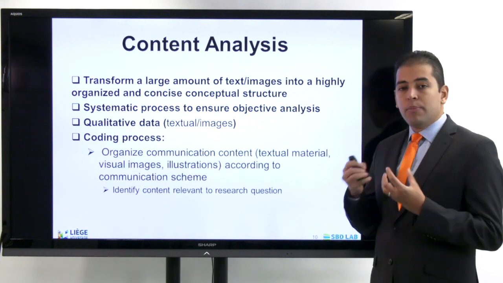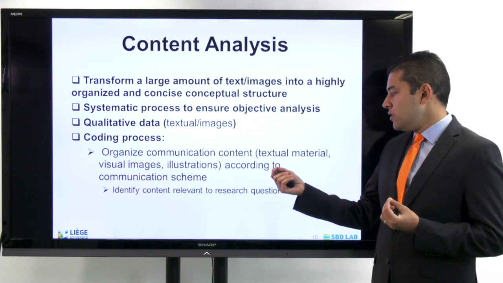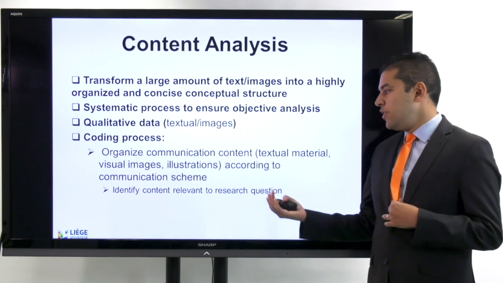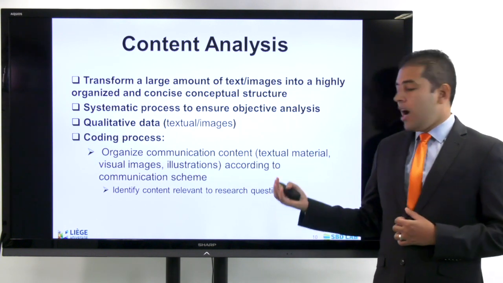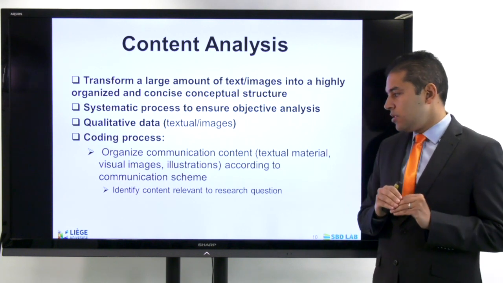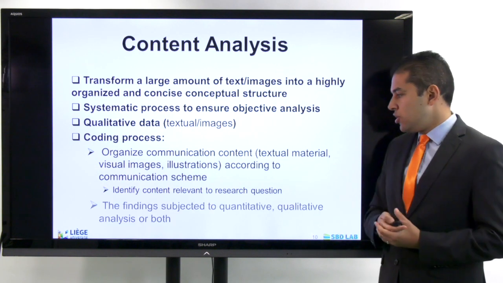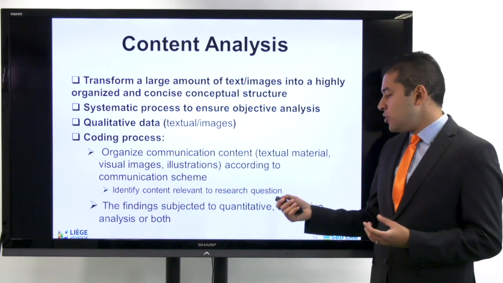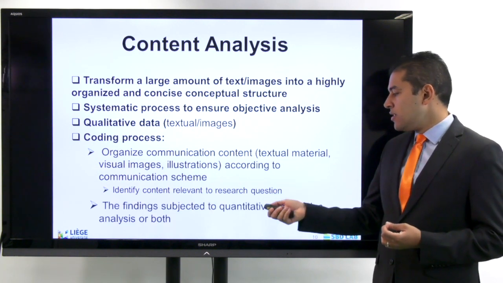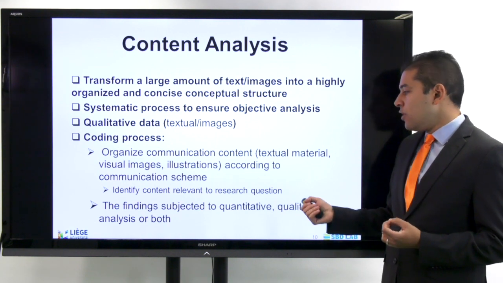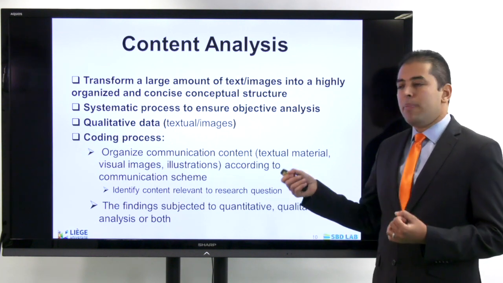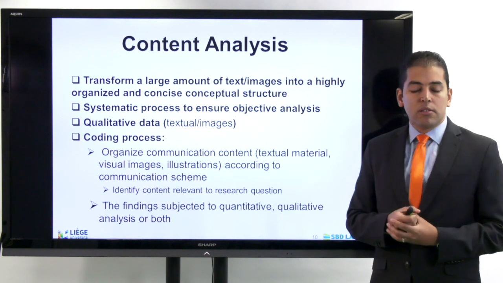Coding process is simply to organize communication content, whether it's textual material or visual images or illustrations, according to communication schemes. And we look to identify content relevant to our research question in general, and the findings subjected to quantitative and qualitative analysis, or both, are dependent on that.